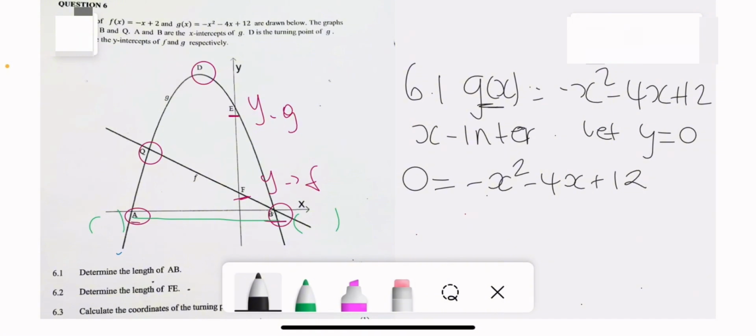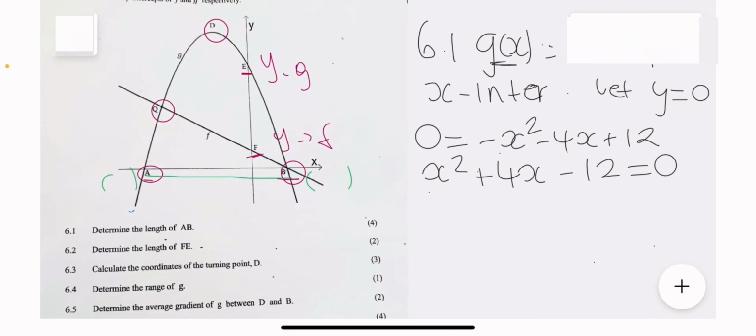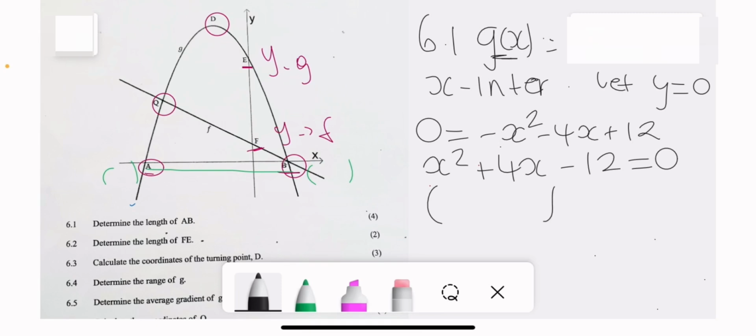We'll multiply the entire equation by -1, so it will be x² + 4x - 12 = 0. Factorizing the equation. The factors of x² will be x and x. Then we need the factors of -12 that can give 4 when we add or subtract.